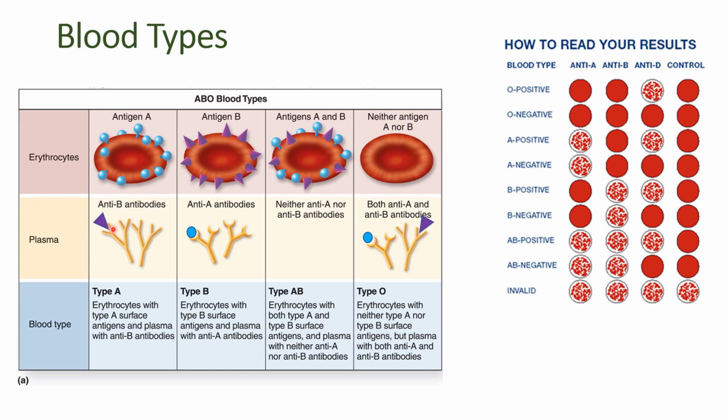Normally, you have to have been exposed to something in order to have antibodies. All right, so you'll have plasma that will react with B antigen. B-type blood, the B antigen is on the surface of the red blood cells, and you have anti-A antibodies. So if you introduce this blood into the B person, they would begin attacking it with antibodies.